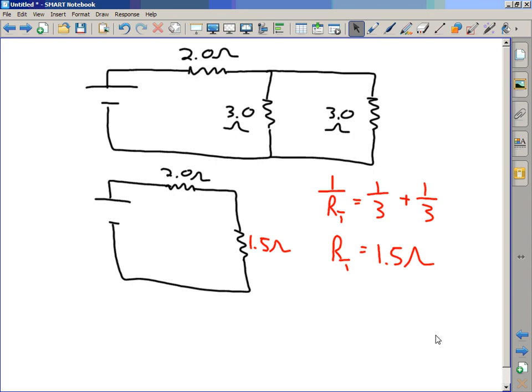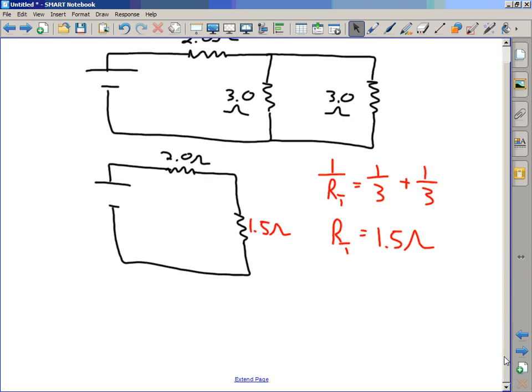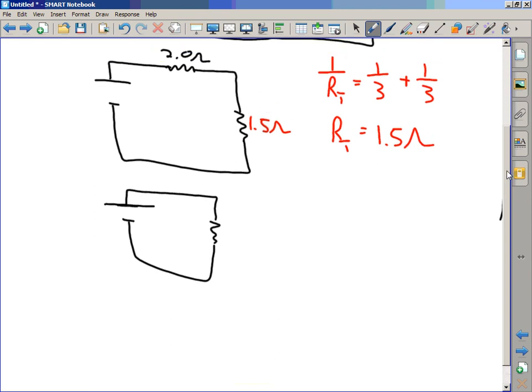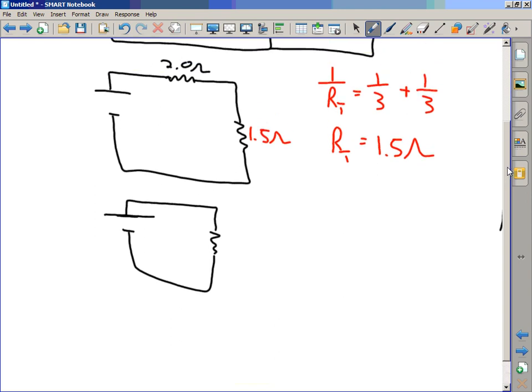So to get to the equivalent circuit here, I just need to add these guys. 2 plus 1.5 gives me a 3.5 resistance. There. That's your equivalent resistance of that circuit. 3.5. So you work in steps.